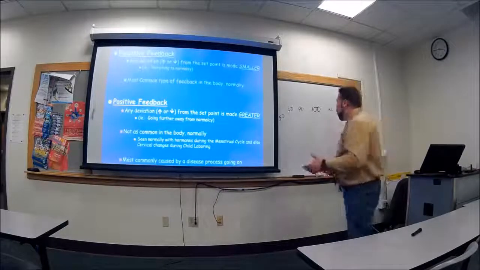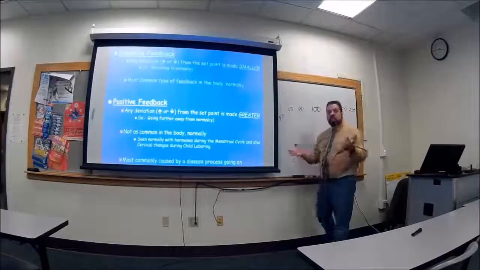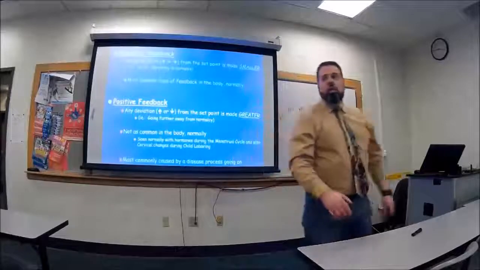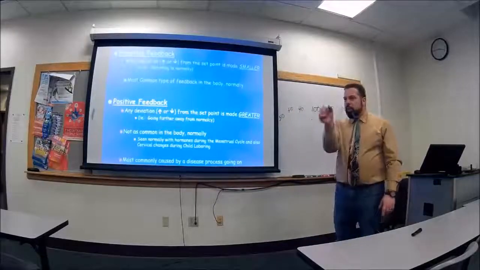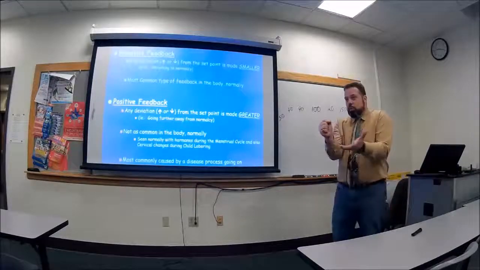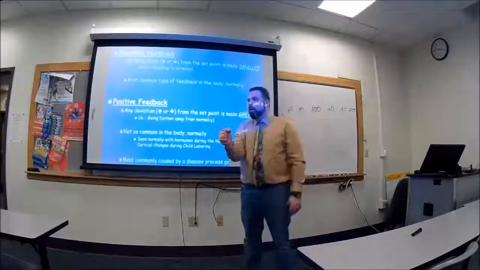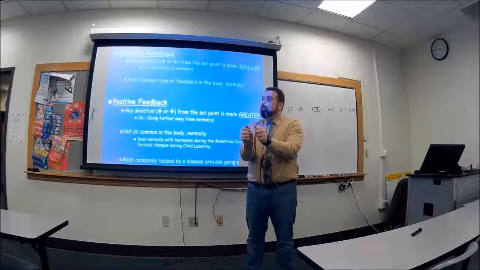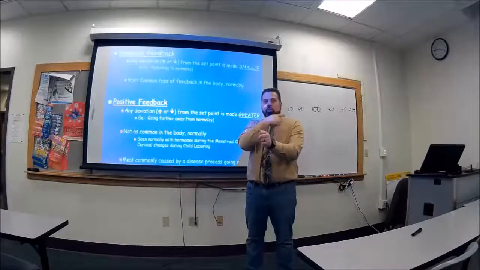Now, there are certain situations where it is normal. Here, I'll give you one. The cervix to the uterus: its set point is closed. That's what the set point is. It's supposed to be closed. Baby's coming out, starting to open, away from the set point. It sends a message to the brain. The brain says, oh, a baby's coming out?